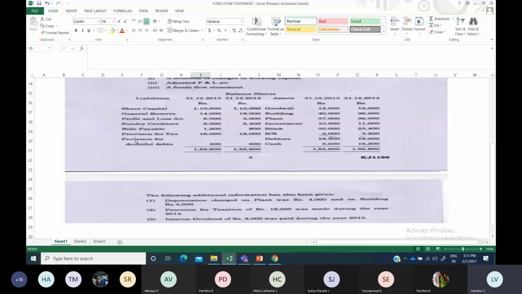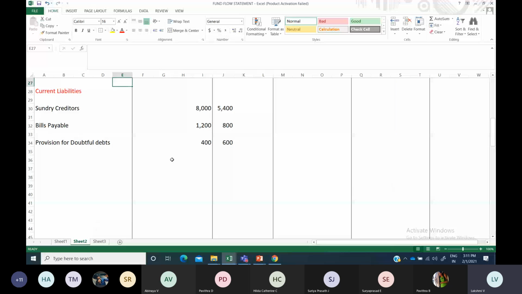First find out how much you are getting as total current liabilities.